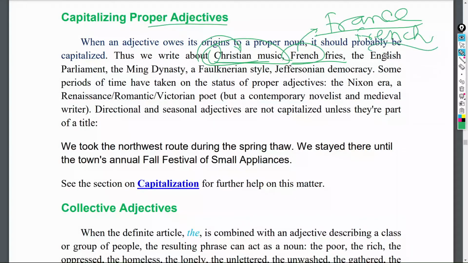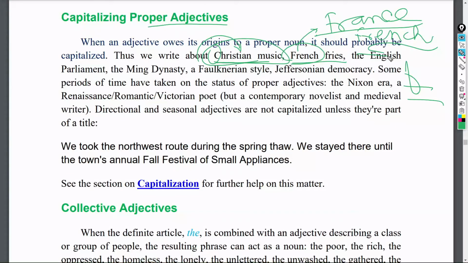This is maybe the name of the language, and this is the adjective form French. Therefore, F will be capital here. If you write F small, that will be a mistake. So in the similar manner, the English Parliament, okay, means the word English, E will be capital. So I suppose you understood it.